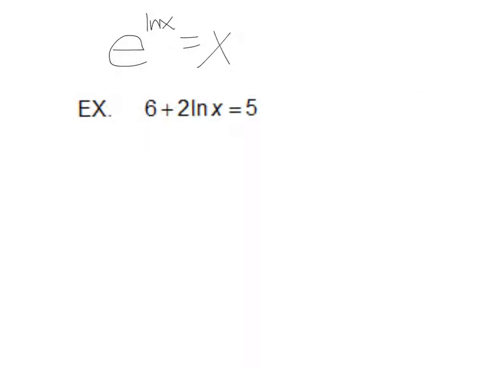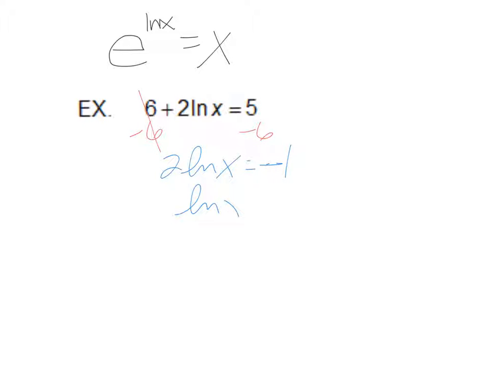For this next problem, we need to use the property that e to the power of the natural log of x just equals x. The e and the natural log cancel out. So this problem has a natural log in it. Let's get the natural log by itself before we start. Subtract 6. 2 natural log x equals negative 1. Divide by 2.